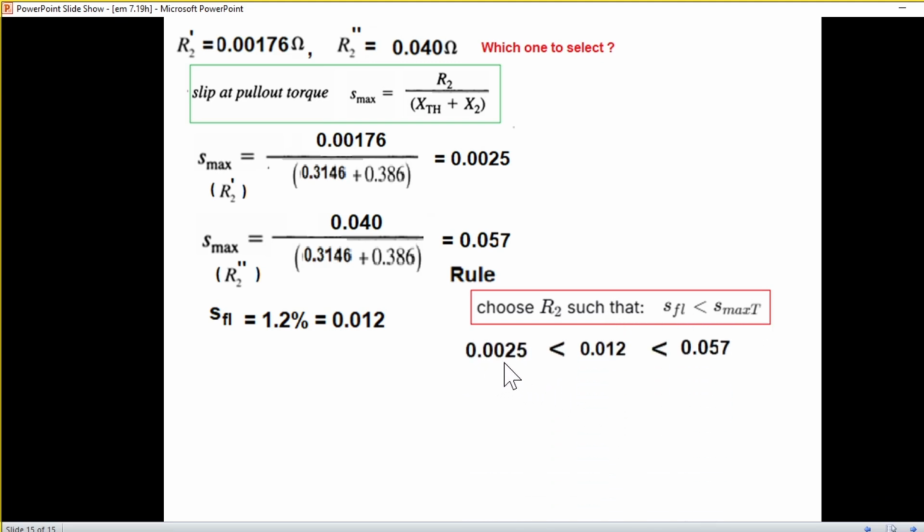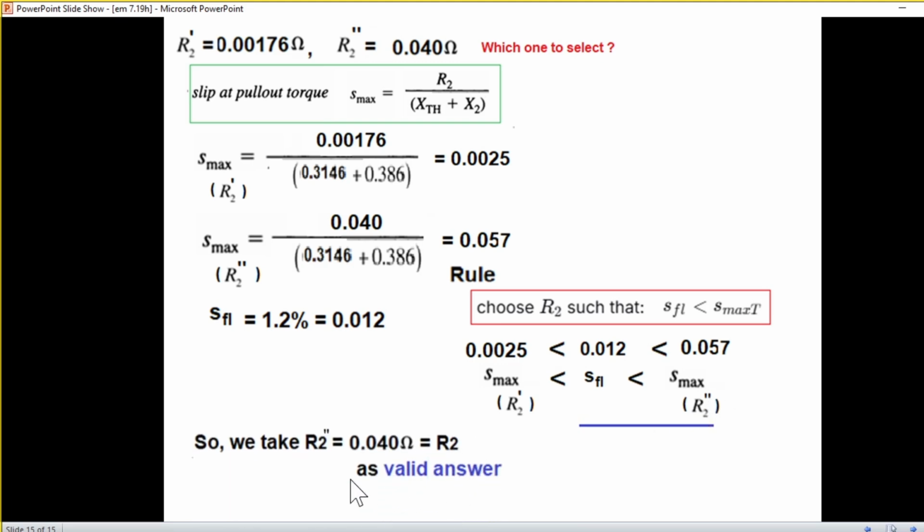You can see 0.025 is less than 0.012 is less than 0.057. This is due to R2 single dash, this is due to R2 double dash, and this is the full load. Therefore, this one is valid. This is following this rule. So we'll take this. That means R2 double dash is the valid value. So R2 double dash, 0.040 ohm, is the valid answer for R2.